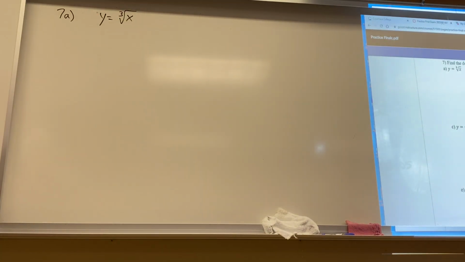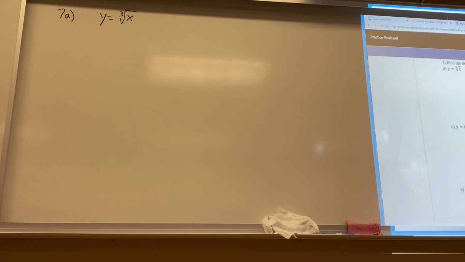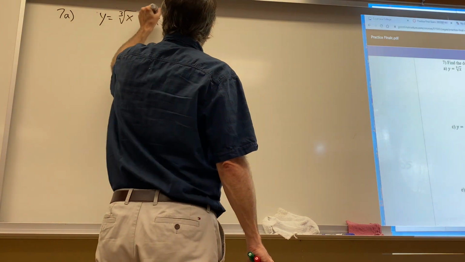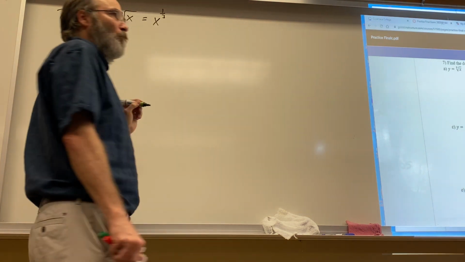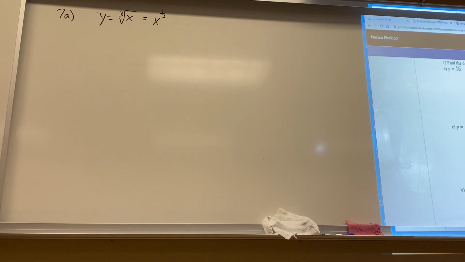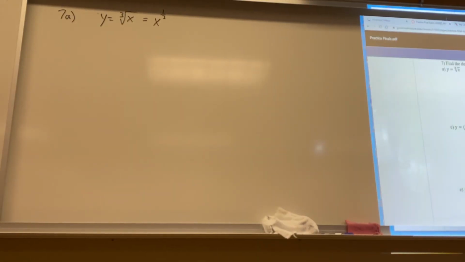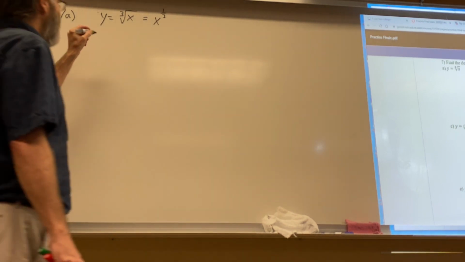So y equals cube root of x. How do we deal with this? The power of b over a, so 1/3, x to the 1/3. Are we done? No, we just changed the form. We haven't taken the derivative yet. What's y prime going to be?